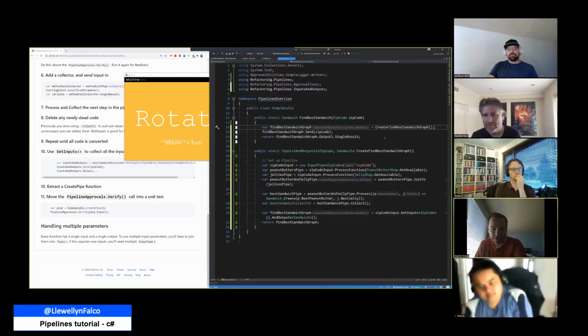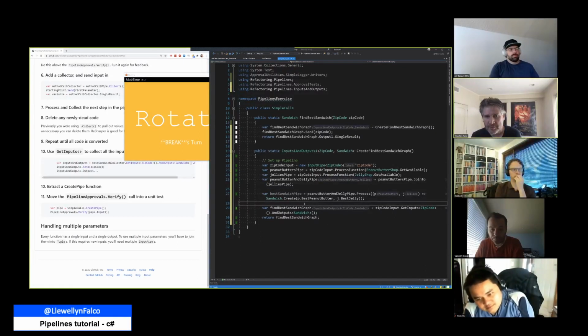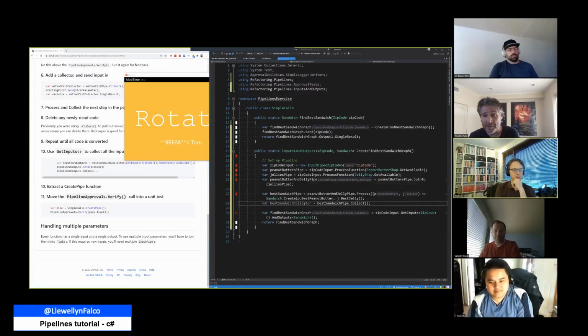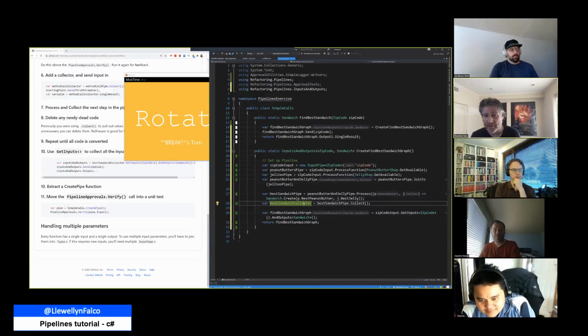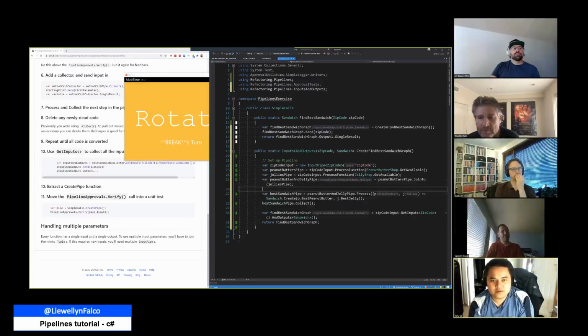On line 28, you can remove that. We no longer need that collector. Oh, no, you do need that. Sorry, go back. You need the collector, you no longer need the variable. Wait a minute, I don't see that collector return any result.